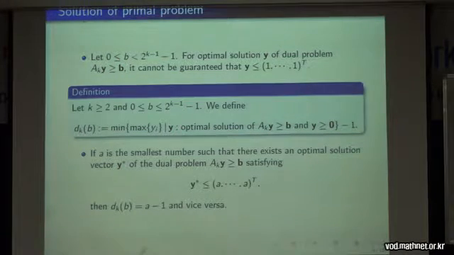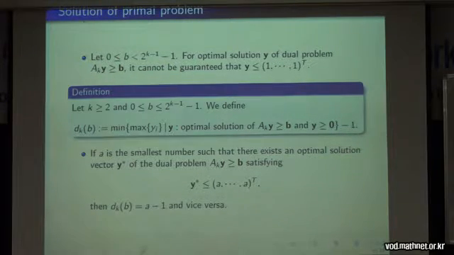Consider b is between 0 and 2 to the k minus 1 minus 1. Then for the optimal solution vector y of the dual problem, it cannot be guaranteed that y is bounded by 1, 1, 1, 1, 1.